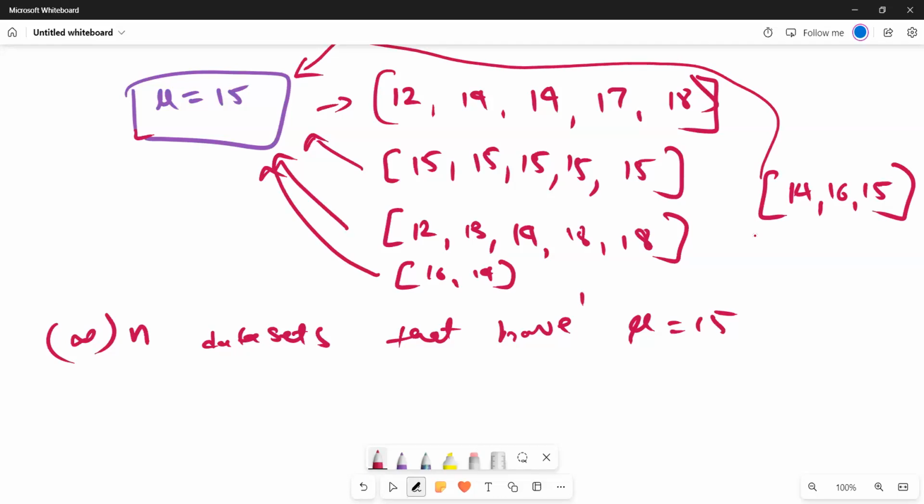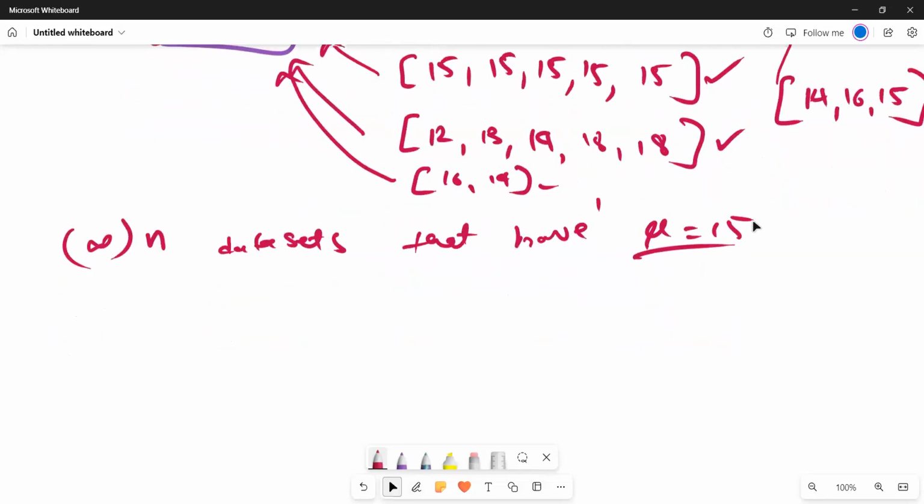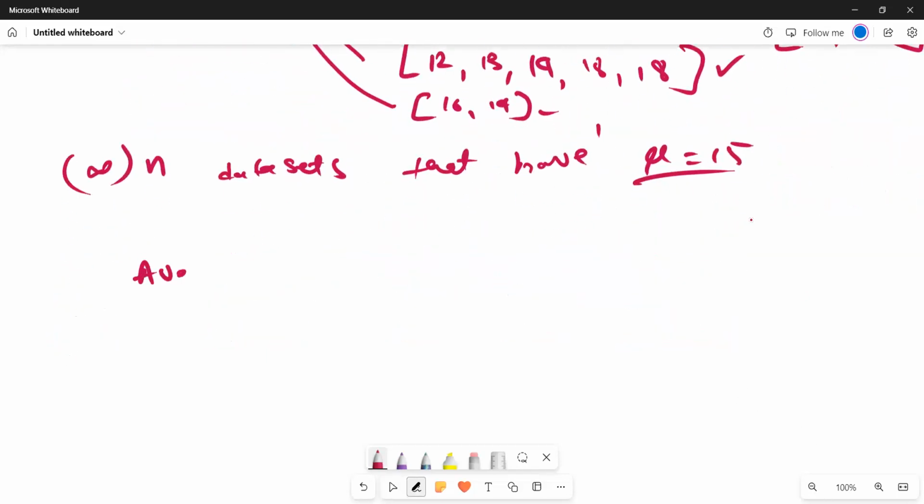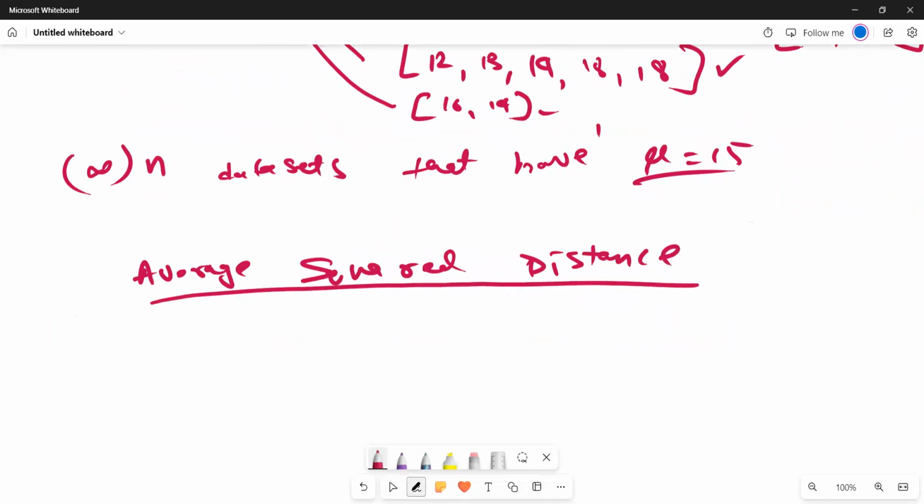How will I get to know, how will I differentiate these two data sets, or any two data sets for that instance, if I only give you the information of the mean, because all of these data sets are carrying the same mean? This is where the concept of average squared distance comes into the picture.